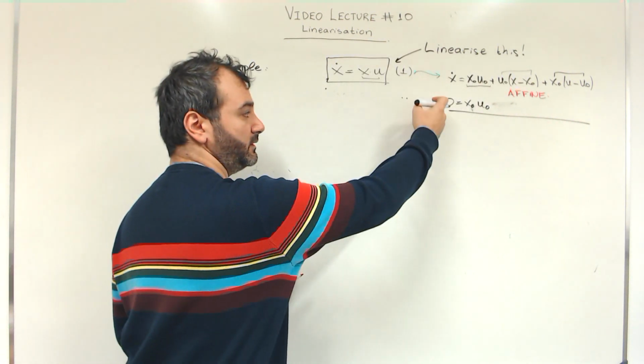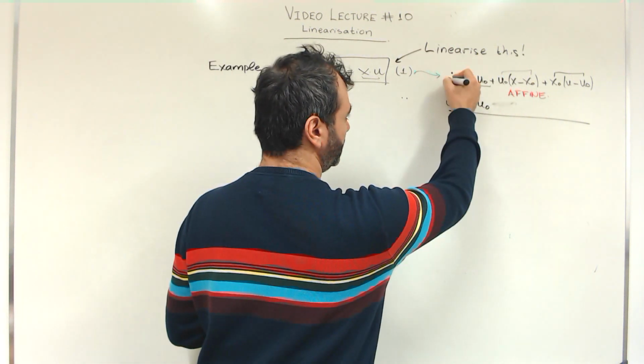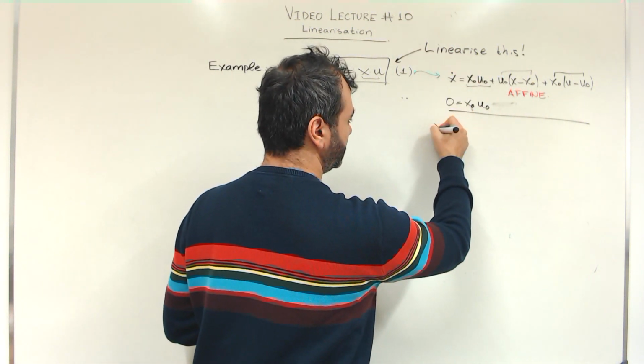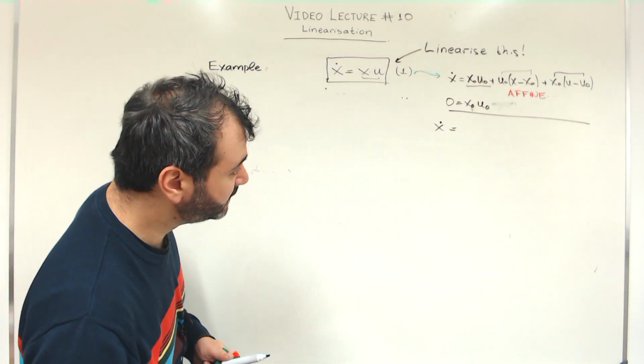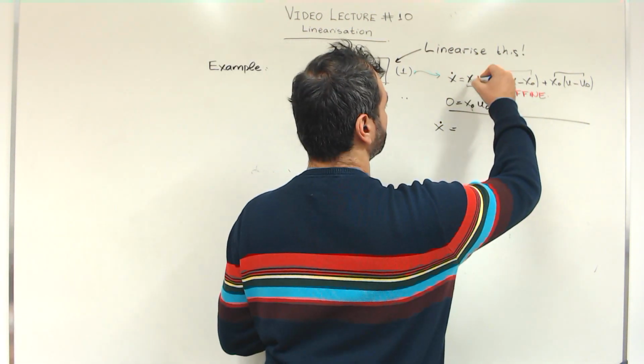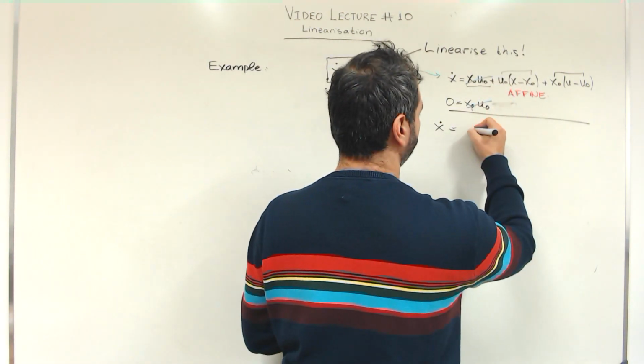I will subtract the two equations by part. So x dot minus 0 is x dot. These two are equal to one another. So x0 u0 minus itself is equal to 0.